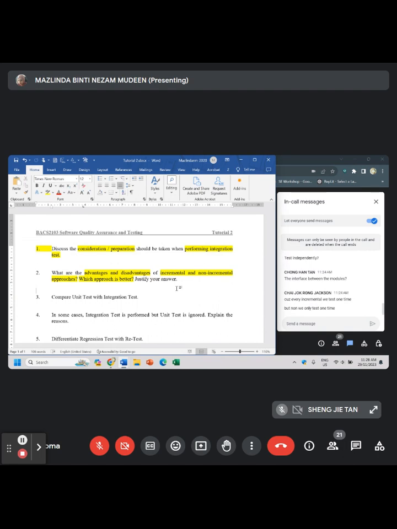Got it? Why does the incremental approach have an advantage here? Can you understand the concept of incremental, how the incremental works?